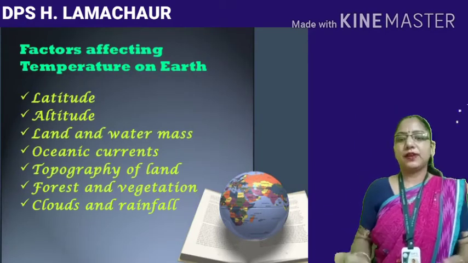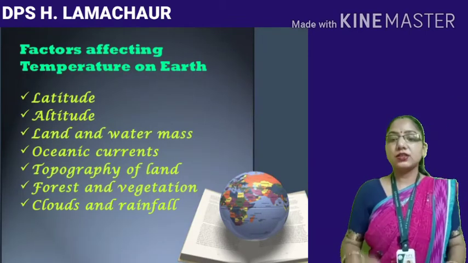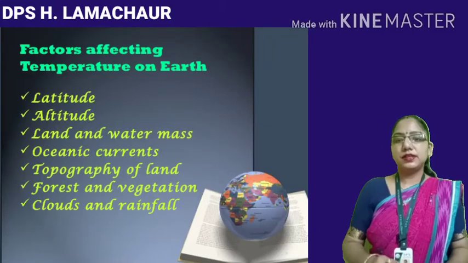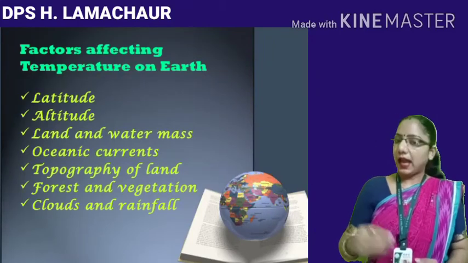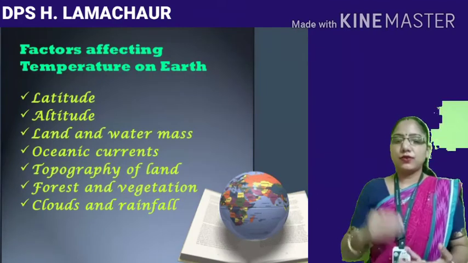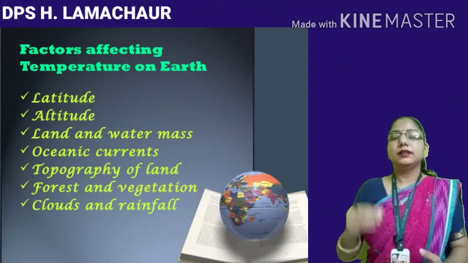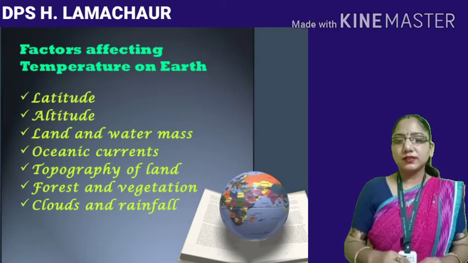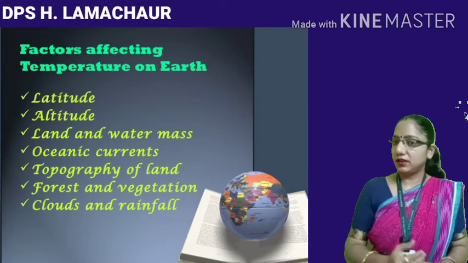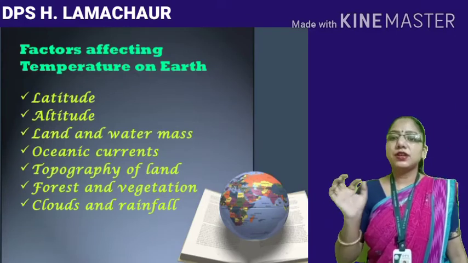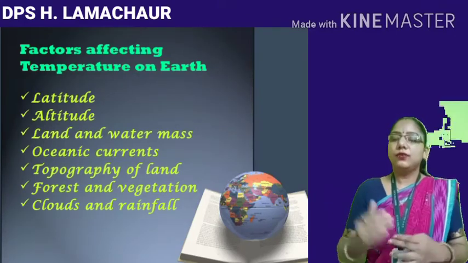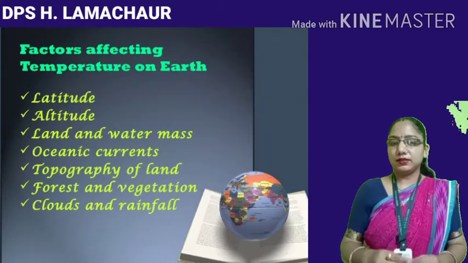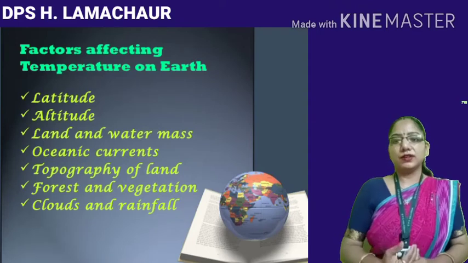The factors are latitude, altitude, distance from the sea, the air mass and the ocean currents. A few more factors are the cloud cover and nature of the surface, which we can count as our local factors. So we will see these factors one by one.